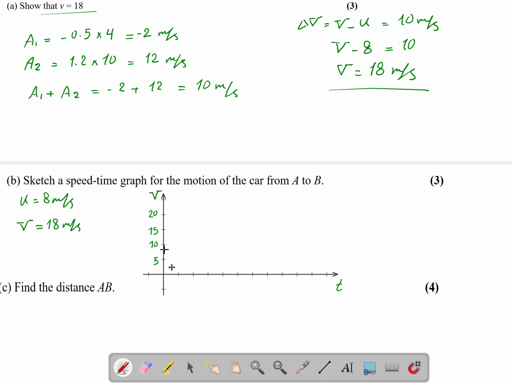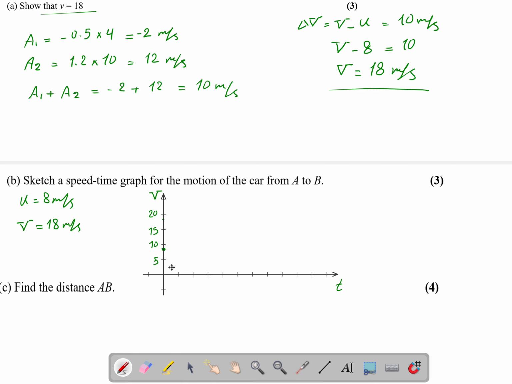So initial velocity is 8, I mark it as 8, and final velocity is 18. So let's say this part is 18. And from the graph, we should find the times as well.